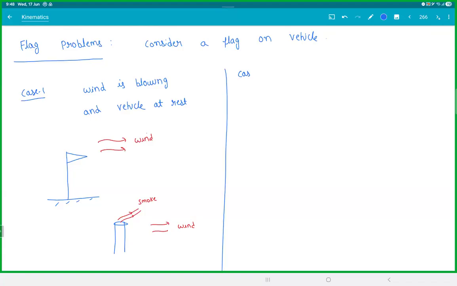Case two. Let's say there is no wind and the vehicle is moving. Remember last time when you're sitting on a bike or a scooty and you put your hanky or something, how was it moving? It was going opposite to the vehicle. You're going in a scooty, the cloth is going back.